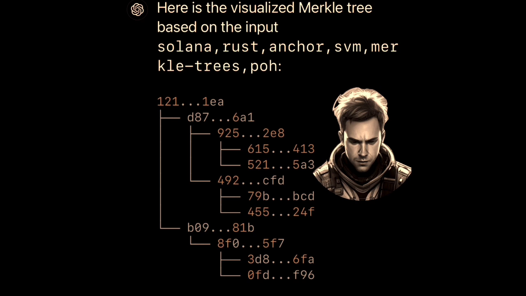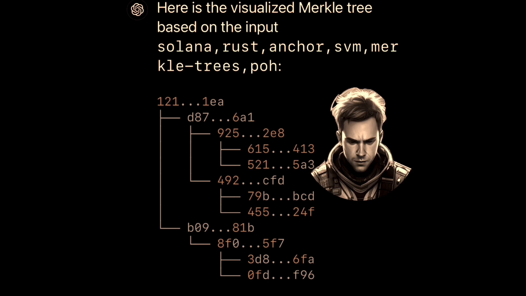And the way that the thing works, if you open up my post, he feeds it 6 words: Solana, Rust, Anchor, SVM, Merkle trees, and POH. So what happens next, his program converts those words to hashes, and those hashes are the leaves of a tree, so to speak.